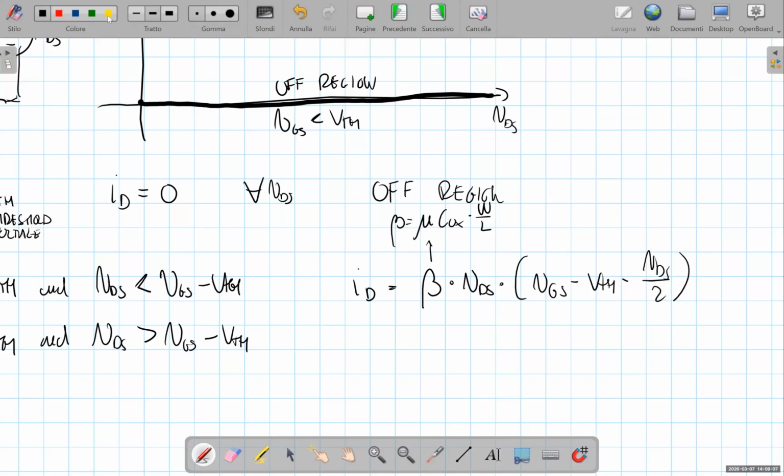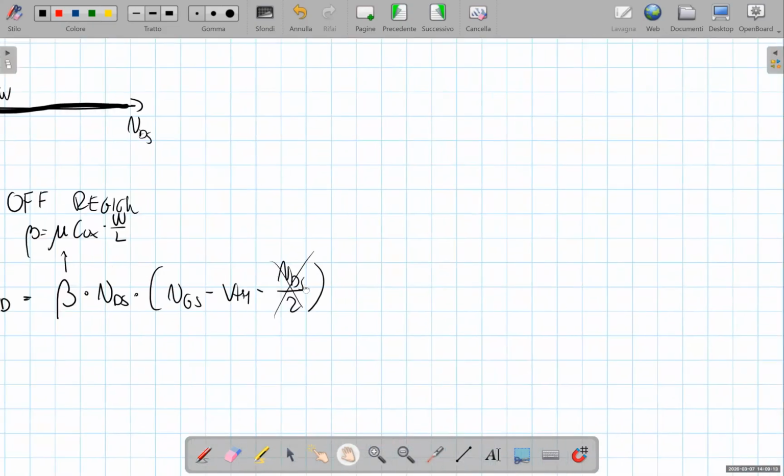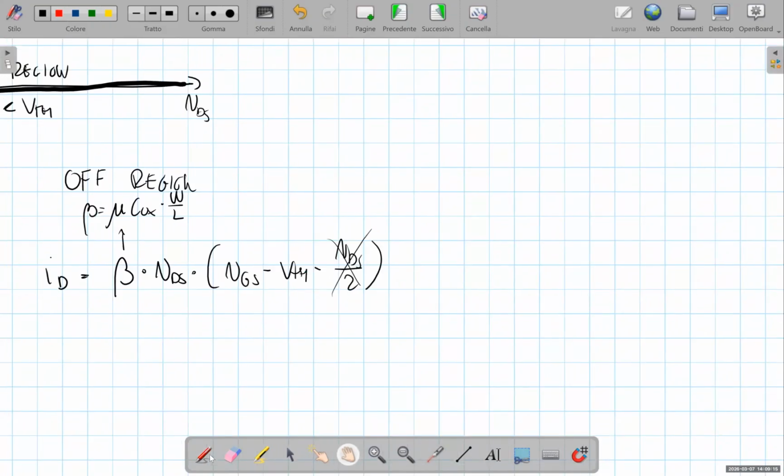Actually, if at the beginning we forget this VDS divided by 2 in the parentheses, this is more or less the expression. We have VDS times beta times VGS minus VTH.